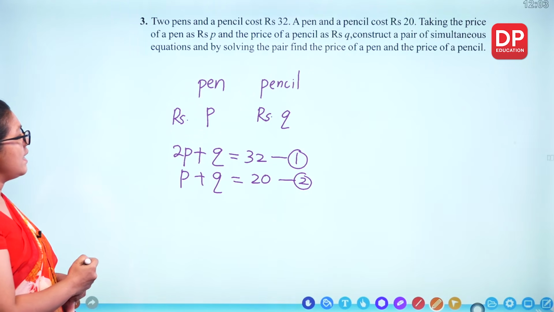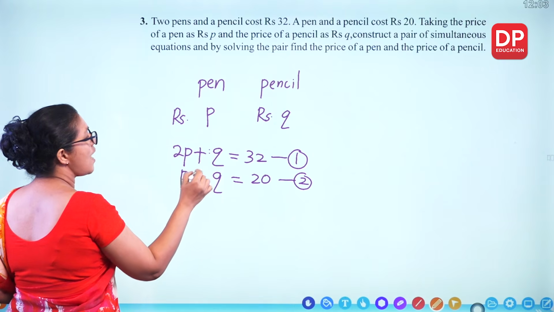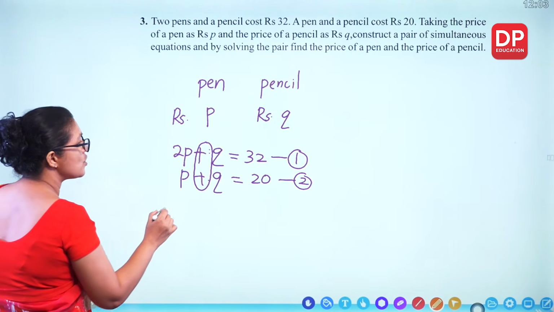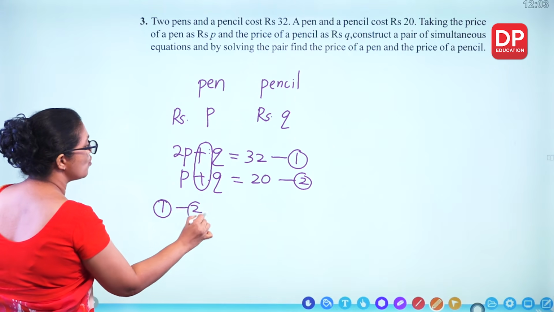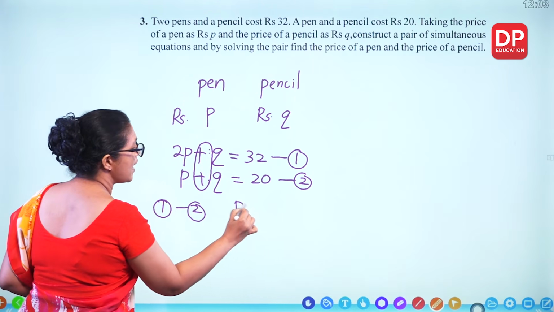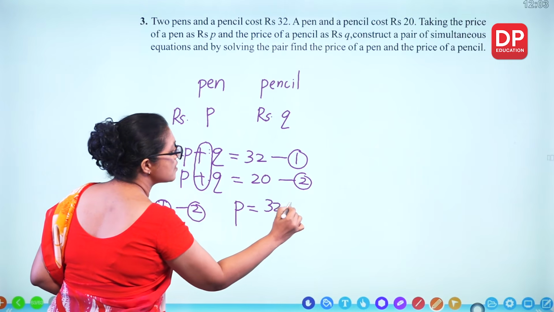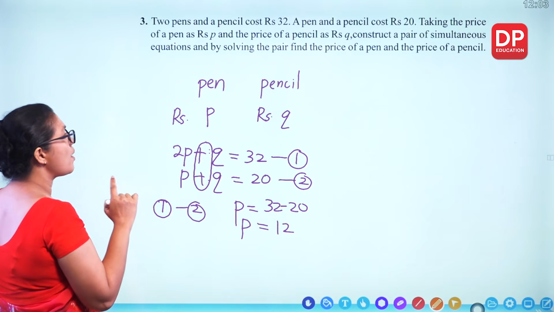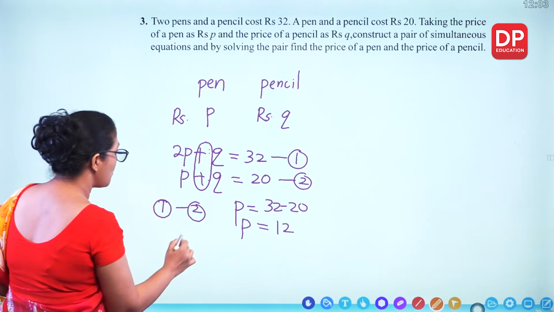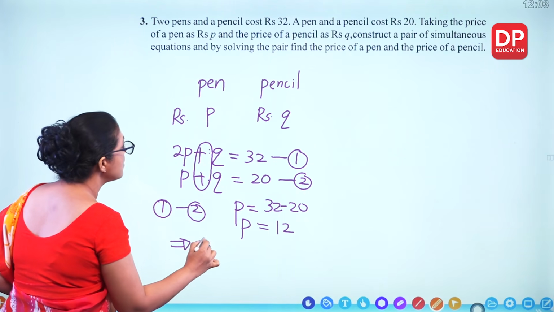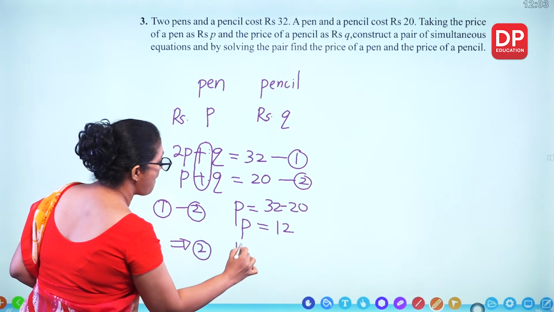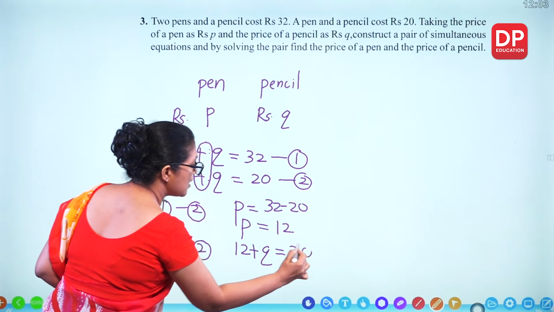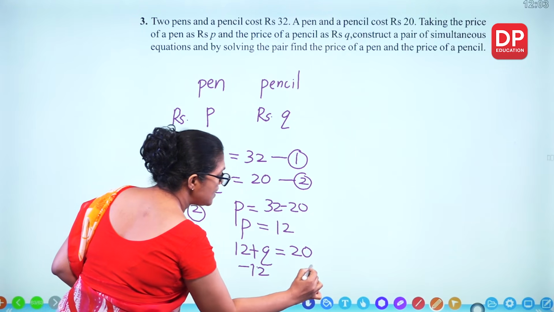Now try to solve these two. Look carefully. These coefficients are the same. So same sign, you subtract the two equations. So 1 minus 2. 2p minus p, you get p. 32 minus 20. So what's that? 12. P equals 12. Substitute in one of the equations. I'll take the second one. 12 plus q equals 20. Subtract 12 from both sides.